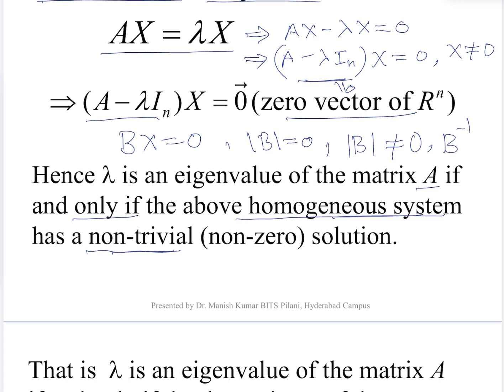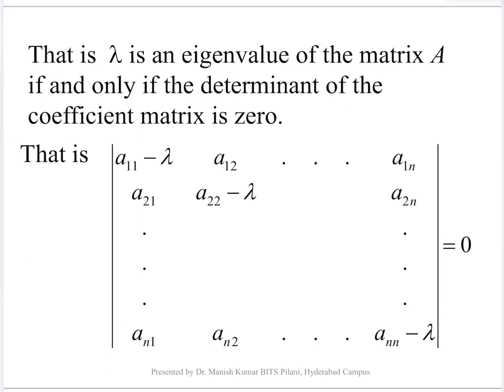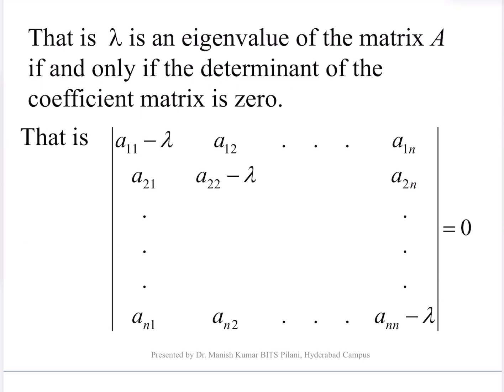So now this homogeneous system has a non-trivial or non-zero solution only if the determinant of A minus lambda I is 0. In a more expressed way, A minus lambda identity means all the diagonal entries get multiplied by minus lambda, so it's a scalar matrix.